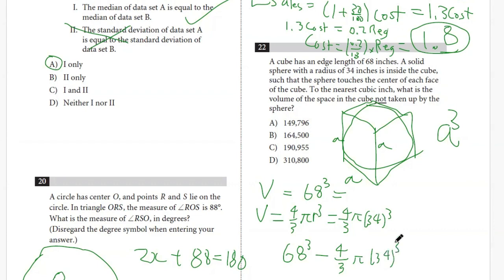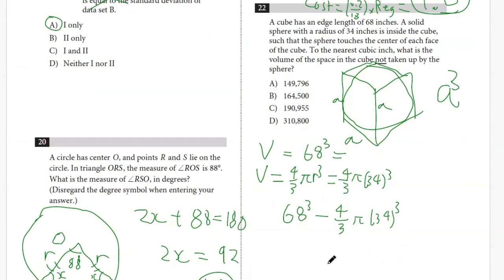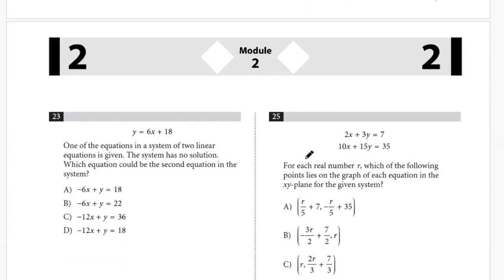Okay, it's very easy. And the correct answer is this. So answer choice A as in apple is correct.